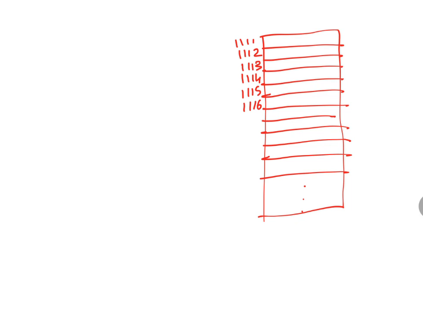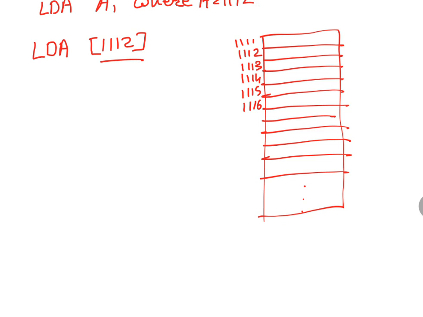Suppose I have an LDA, that is a load instruction, and then 1112. Or we can replace this with load A, where A is equal to 1112. Here I have just directly mentioned the address.